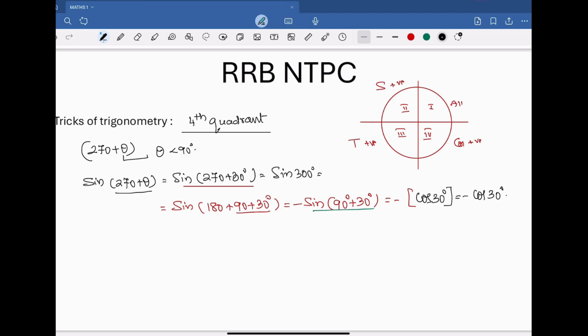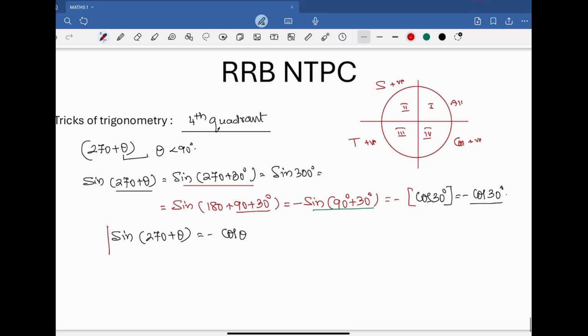Sin 270 plus theta is minus cos 30. It is 90 plus theta only with a minus sign. That means sin 270 plus theta is equal to minus cos theta. Make a note of it.